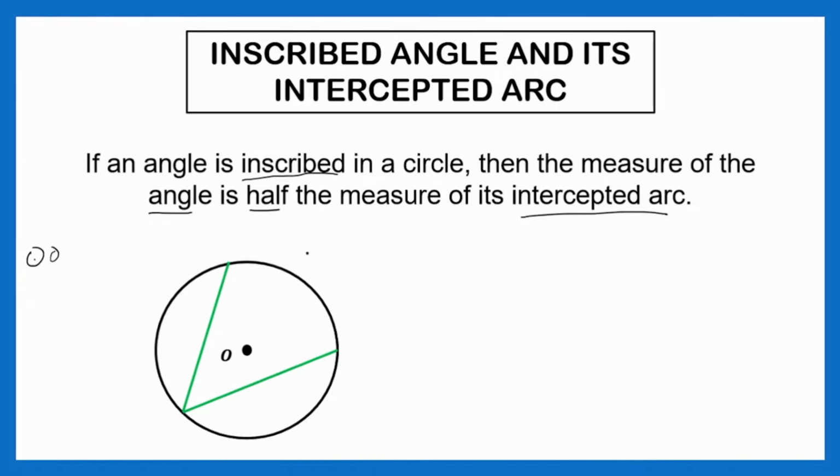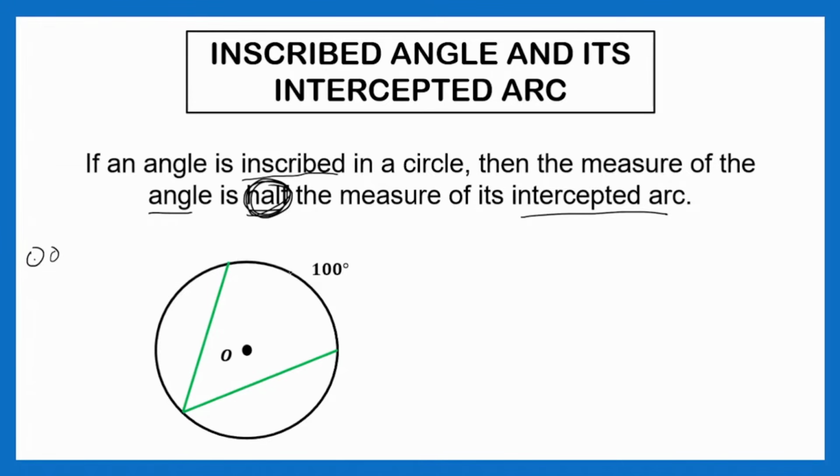Sabi daw, ang measurement nito ay kalahati, half ng intercepted arc. Say for example, we have the measure of this intercepted arc, 100 degrees. What can you say about this angle? Basahin ko ulit: the measure of this angle is half, kalahati ng measurement ng intercepted arc.